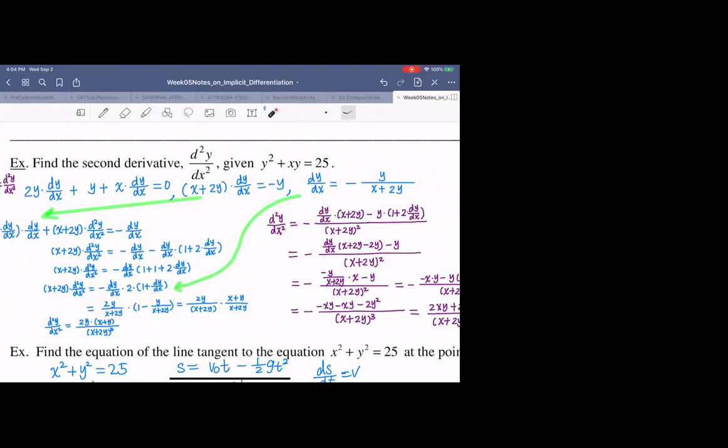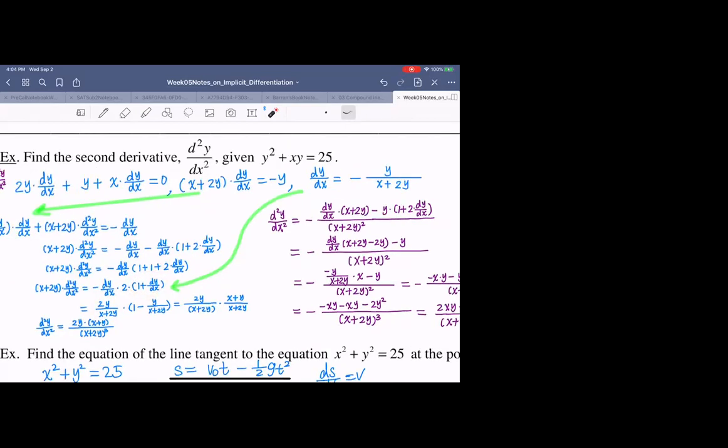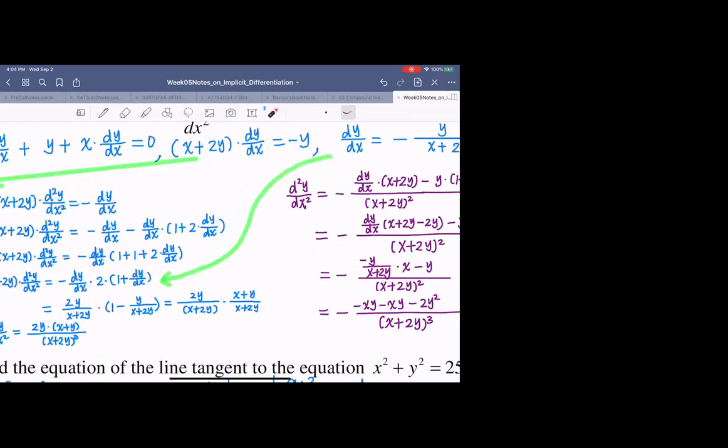And then I times this parenthesis, 1 plus dy over dx. That is 1 minus y over x plus 2y. So this is 2y divided by x plus 2y times this guy.